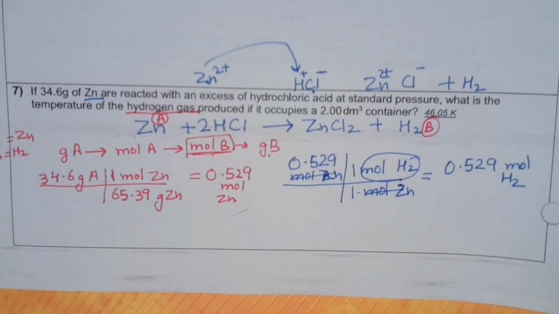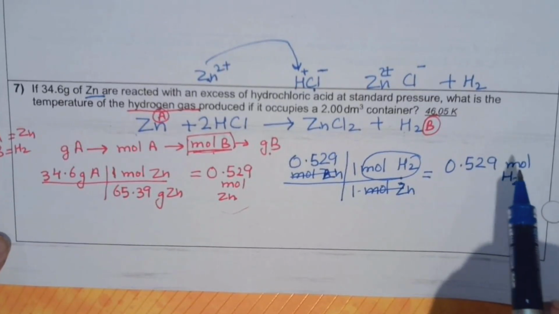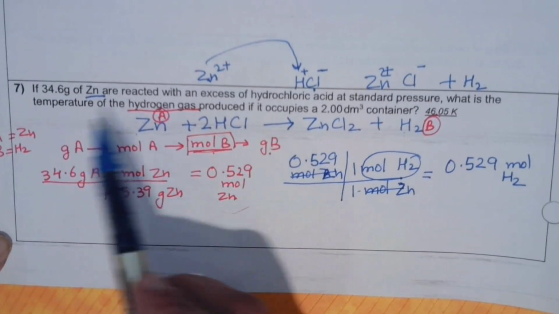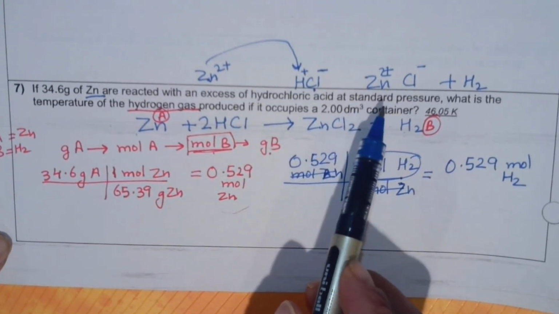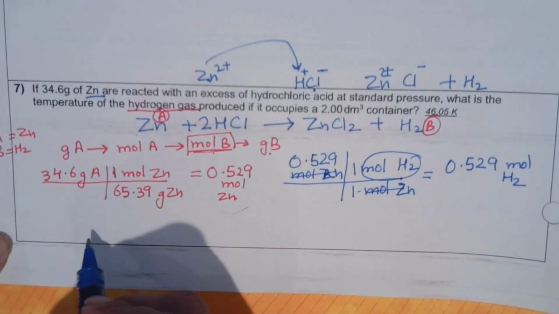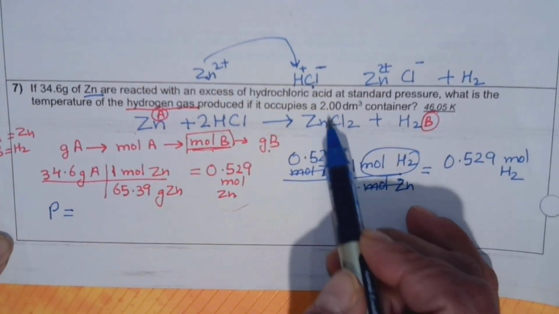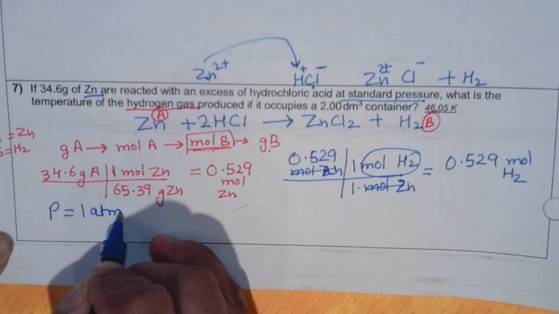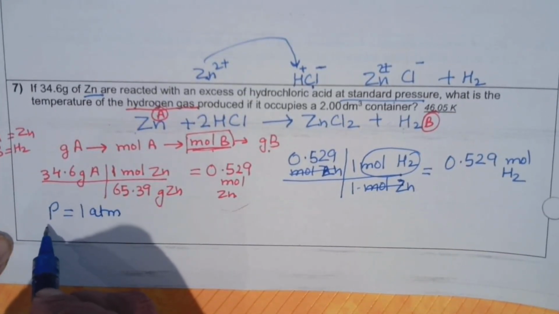Right? Next, we have the moles of H2 now, right? But we are asked to calculate the temperature at which it was collected. We have the volume and we have the standard pressure, right? So let's calculate the temperature. So pressure is standard, which is 1 atm, and temperature is what we are solving for.